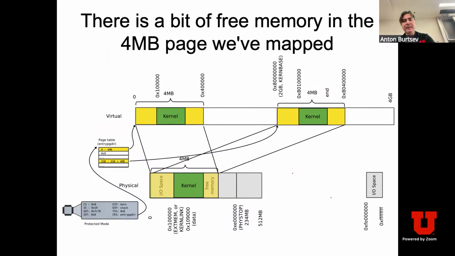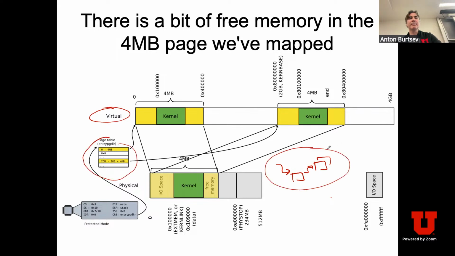First of all, the page table implements the virtual address space, meaning it's a data structure which allows the hardware to decide which ranges of these addresses are mapped and which are not. Imagine that instead of using this page table, we're using some new one which we built. Imagine this new page table maps the pages which cover the region from 0 to 4 megabytes, just for illustrative purposes, and the region from 2 gigabytes to 2 gigabytes plus 4 megabytes, right?